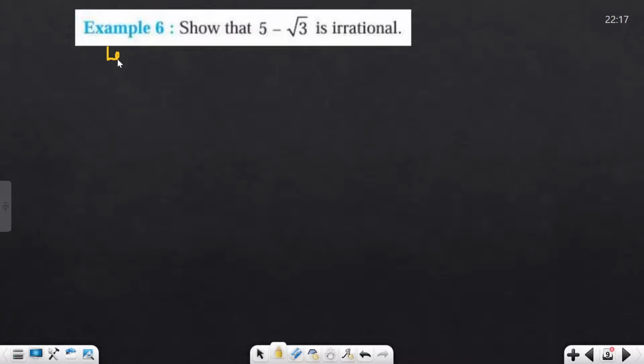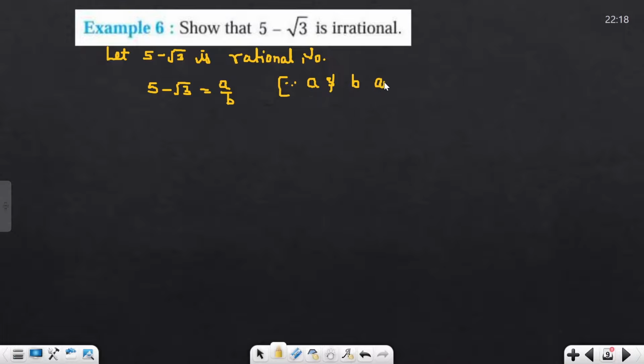Simply, first step, let 5 minus root 3 be a rational number. Next, 5 minus root 3 is equal to a by b. So you can write here, a and b are integers and co-prime, b not equal to 0.